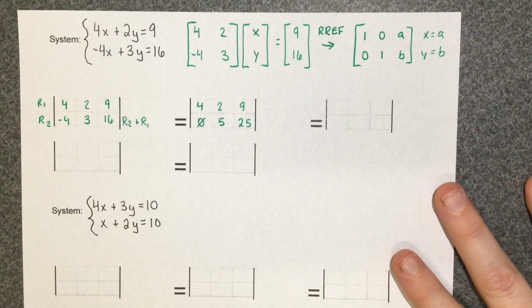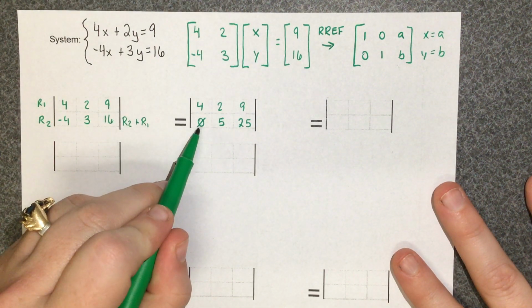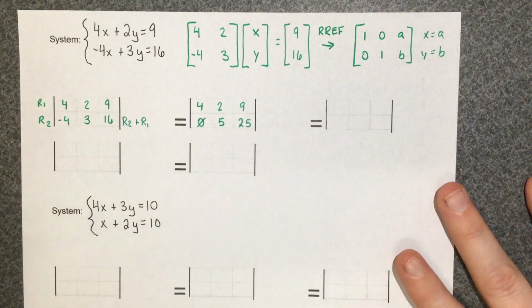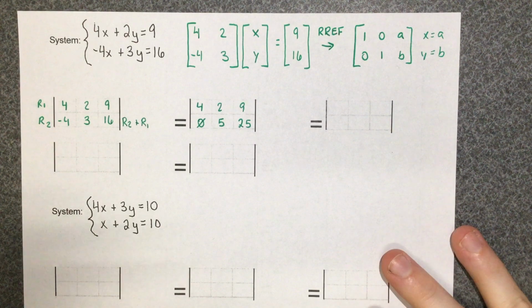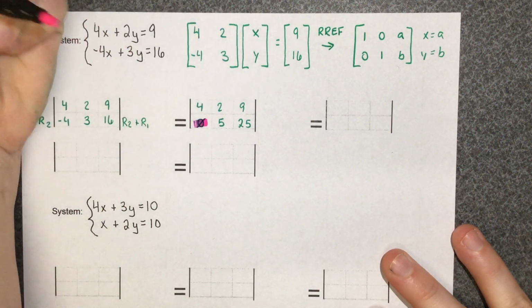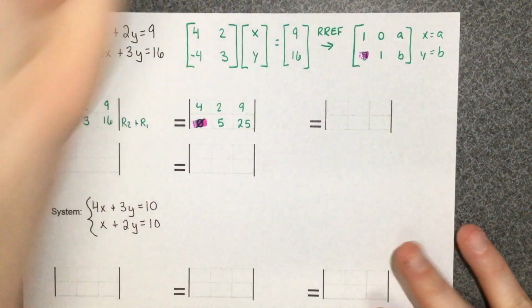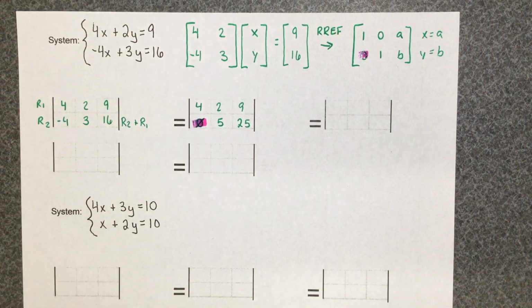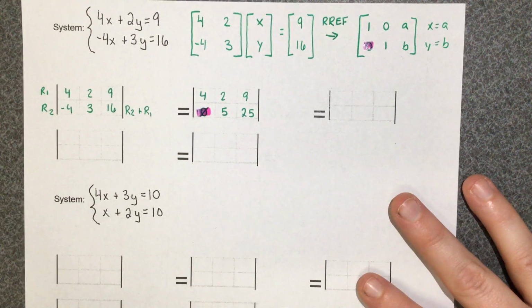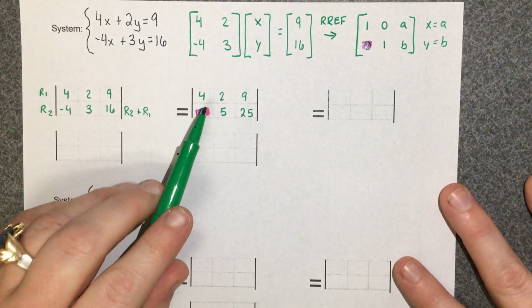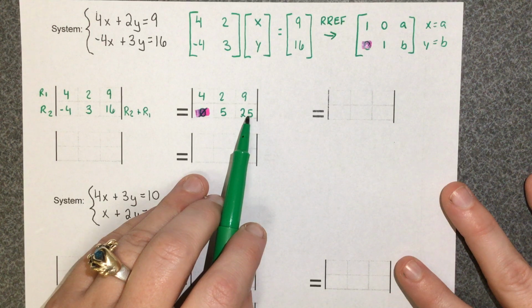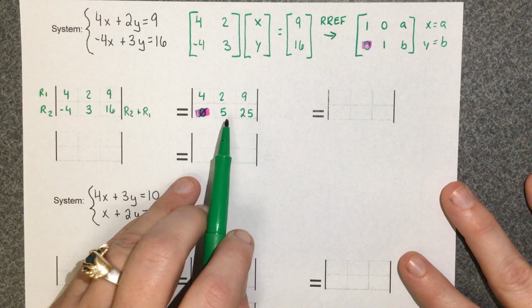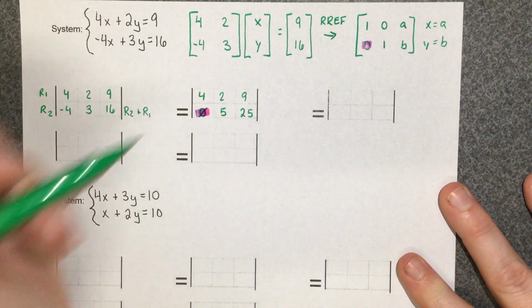And now I have that. One step closer to reduced row echelon form. You can see that we have a 0 here and we have a 0 here. So next, we're going to look at, I see 5 and 25. I could scale that. I could divide that by 5. So that's what I'm going to do.